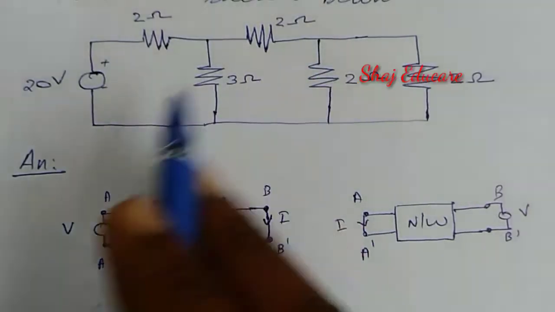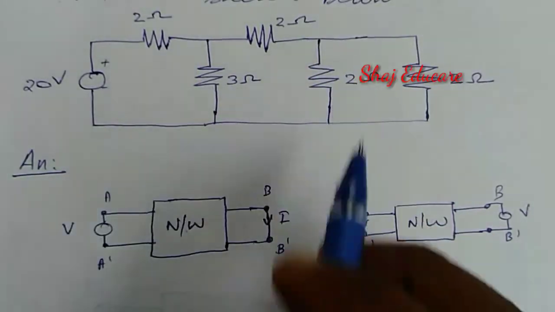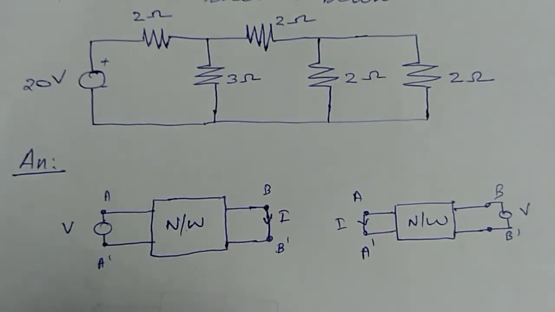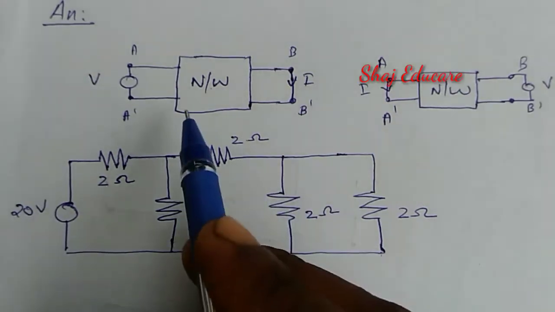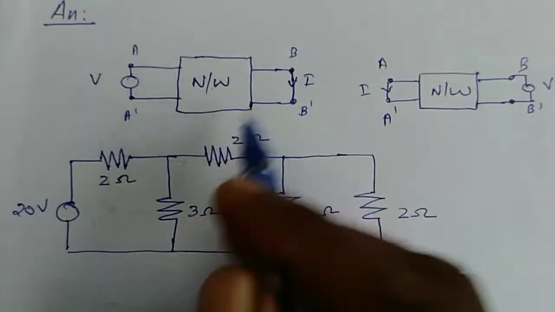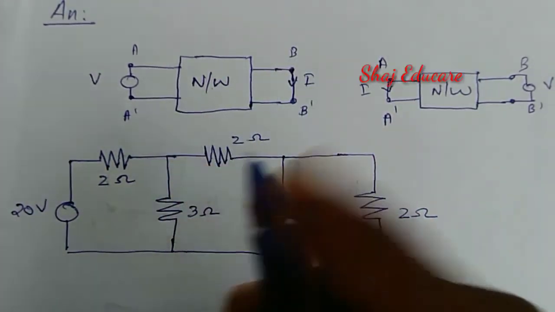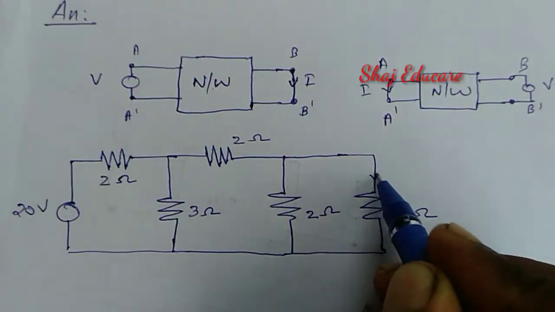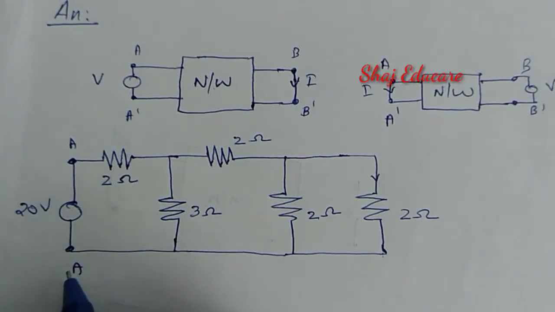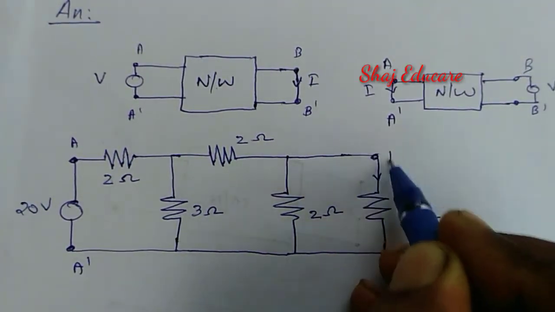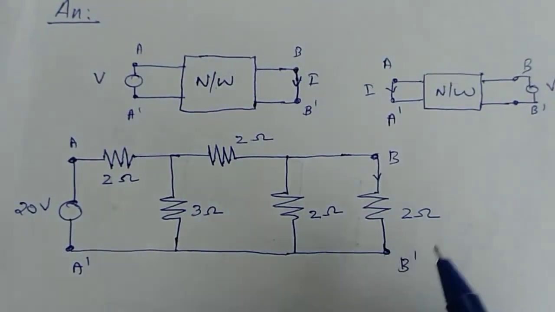For that purpose I'm going to redraw this network completely once again. In order to prove the concept, if we take a look at this block diagram, we have to evaluate the current through this network. Let us mark these points as A dash and this one as B dash.